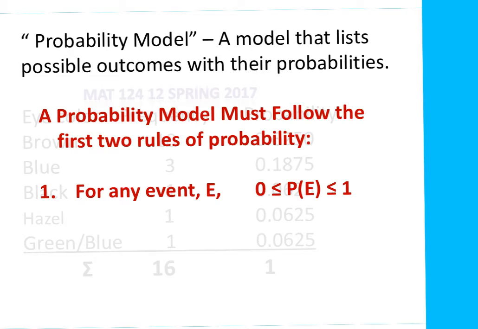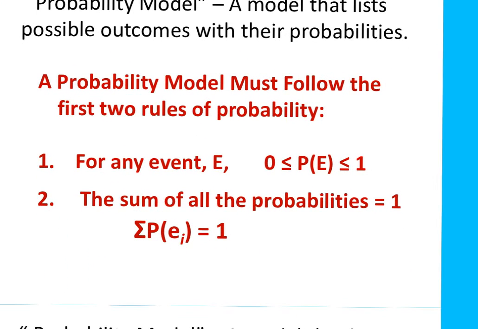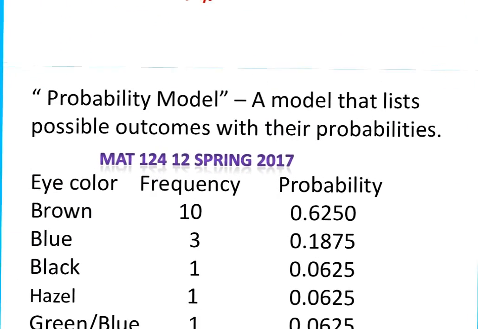If it is impossible for E to occur, the probability will be 0. If it is certain that E will occur, the probability is 1. Okay, and the second rule of probability is the sum of all the probabilities for all the outcomes that are possible is 1.